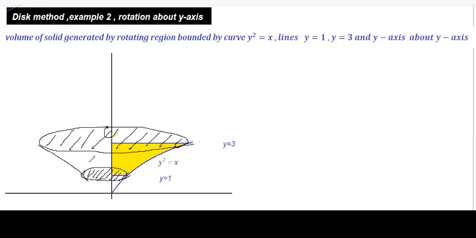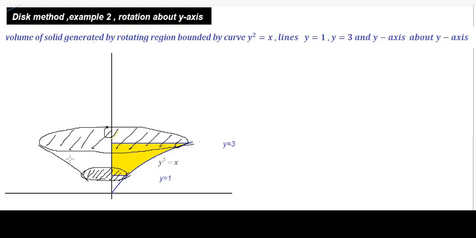As in the last cases when we found the volume of rotation about the x-axis, here also to find the volume of this solid, we have to take the cross section of the solid perpendicular to the axis of rotation. And here the axis of rotation is the y-axis.